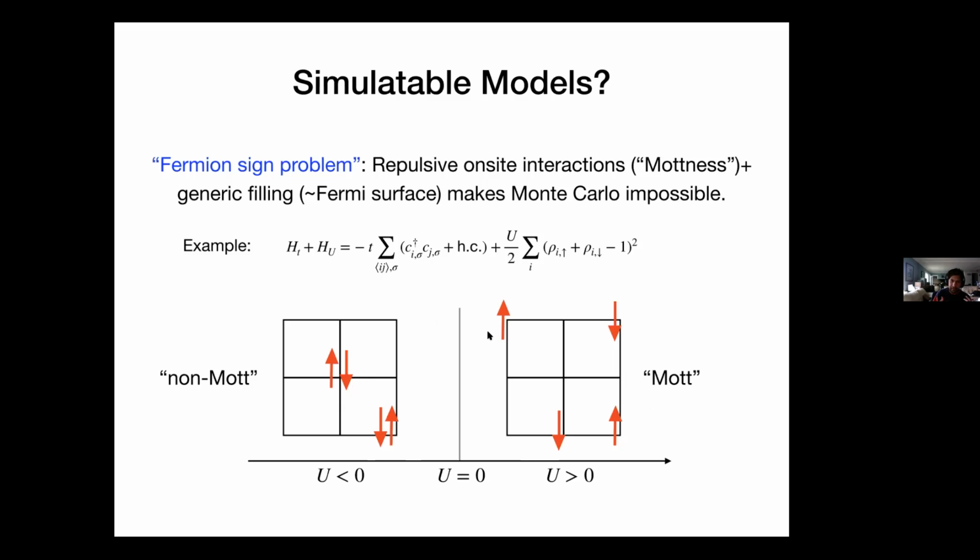The claim I want to make is that when you're in this Mott regime at any generic filling, and it's important that the filling be, I don't know, e to the power pi or whatever, some irrational filling, not half filling or something, then you have a sign problem.